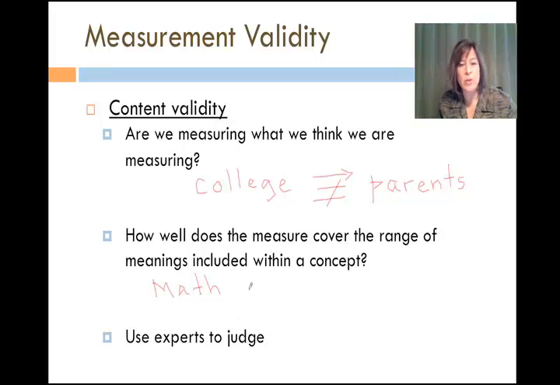Are we looking at graduate students in statistics courses? We want to know about mathematical ability. You would get criticized on content validity if your test only covered addition and subtraction. A mathematical test should probably also cover multiplication and division. So how well does the measure cover the range of meanings included in the concept?